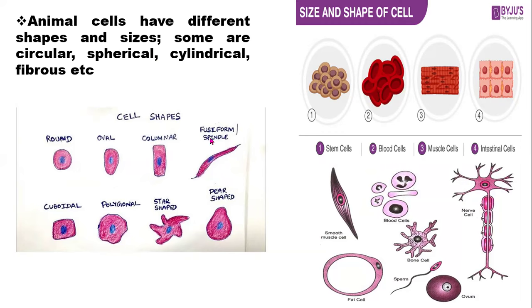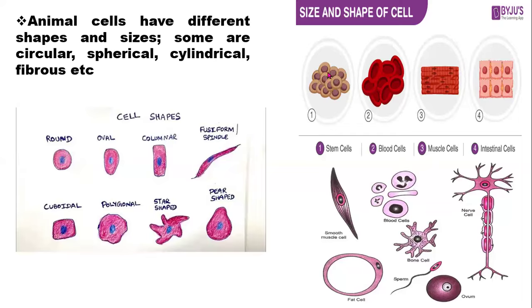Some animal cells are fusiform or spindle-shaped. Some are cuboidal, some polygonal, some star-shaped, some pear-shaped. There are different examples of cells that have these different shapes.